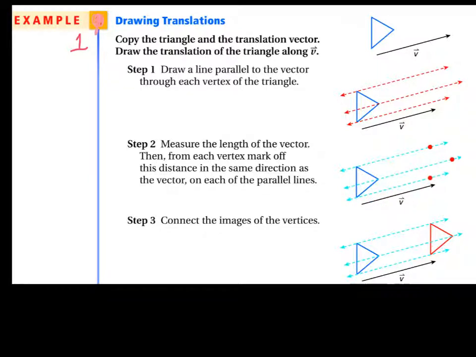So the distance from this ray you see here, from here to here, we're going to move each vertex on that triangle the same distance parallel to the vector. We then connect all 3 points of our triangle, and we have our new image that has been translated the same distance and direction as our pre-image.